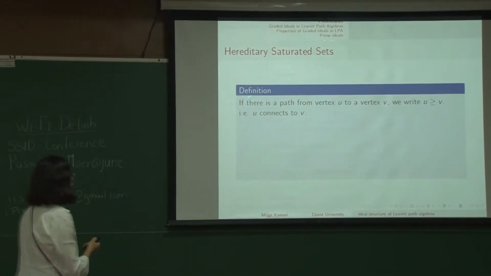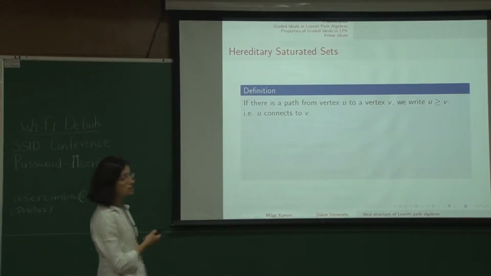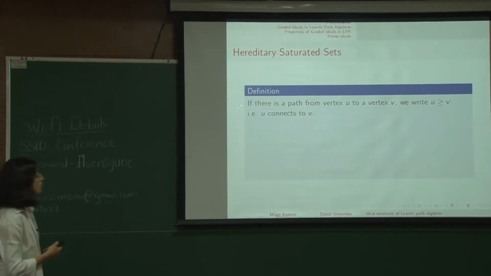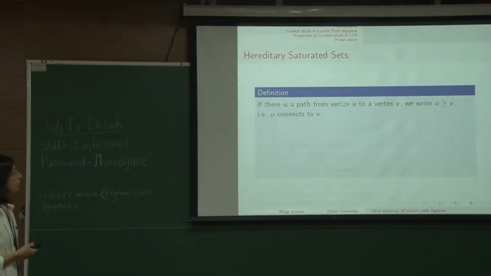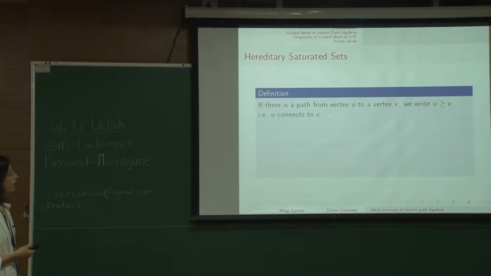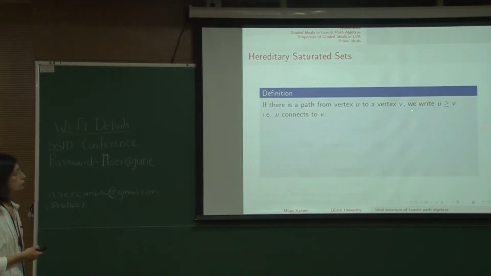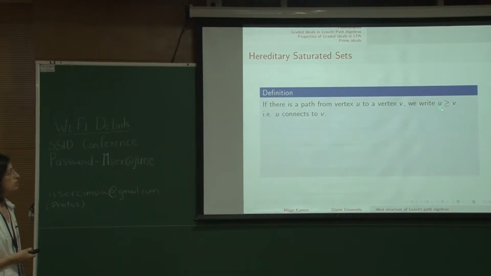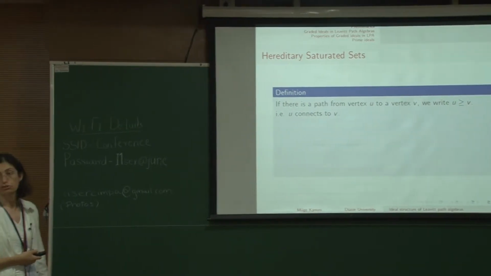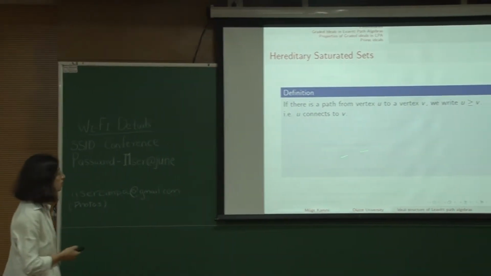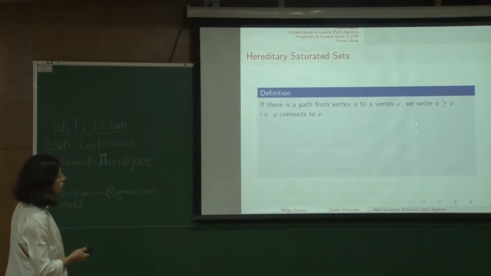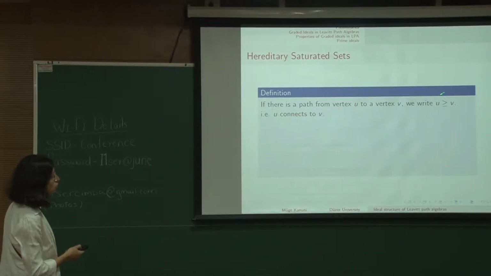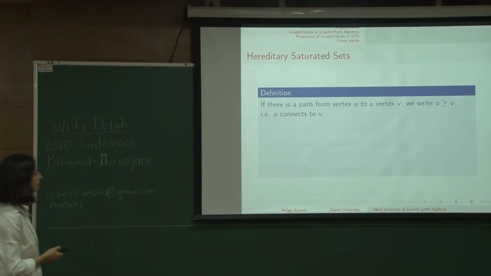Hereditary saturated sets are subsets of E0, the vertex set. Recall that if you have a path from the vertex u to a vertex v, we say u connects to v, and the standard notation for this is u greater than or equal to v. So there is a path from the vertex u to the vertex v.